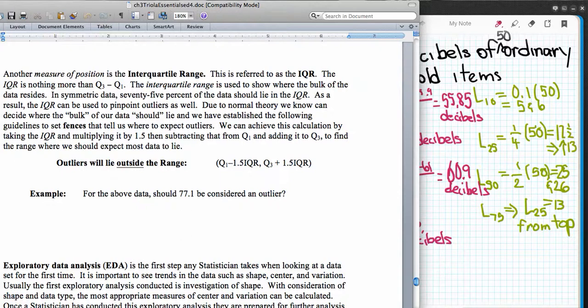And what I'm going to be finding is a range of values which I would normally expect my data to lie within if it is normal data, right? If it's not something that's very unusual for my data set. Now, just because a point is unusual doesn't mean that you want to discredit it or disregard it.